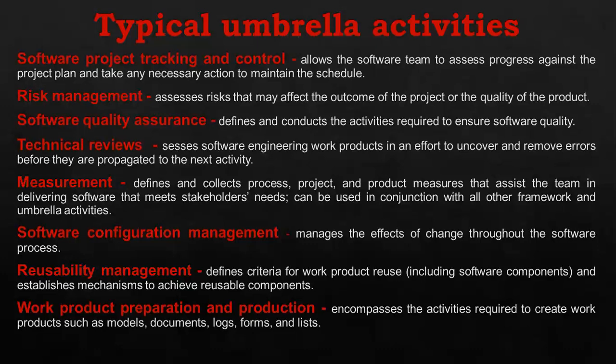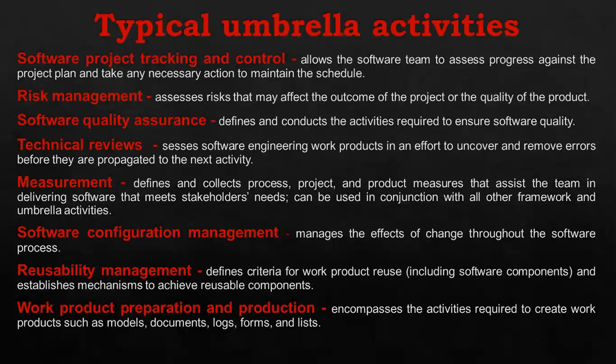Then we need to do software configuration management. Software configuration management is a set of activities designed to control change by identifying the work products that are likely to change. Then we need to establish the relationships among them, and we need to define the mechanisms for managing the different versions of these work products.